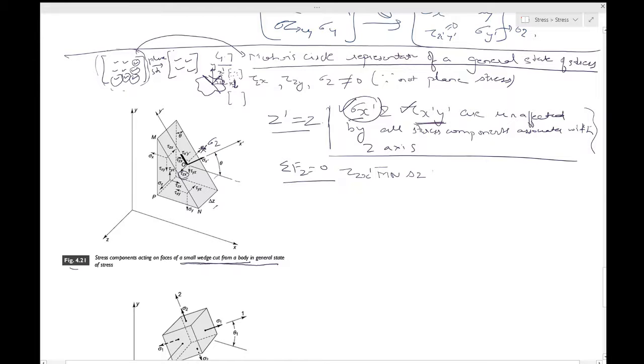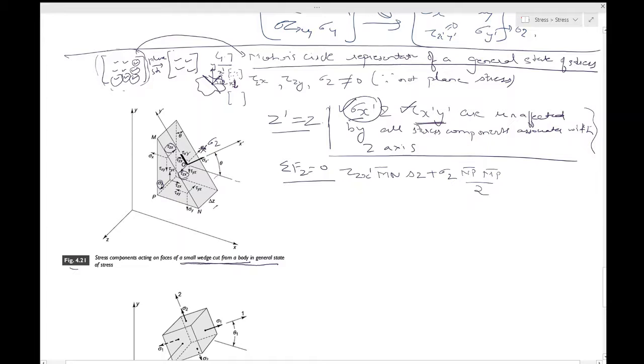Okay, what's the next one? You will have sigma z multiplied by area. The area is NP into MP divided by 2, half into base into height. Now you will also have tau xz, so let's see where that happens. This one.